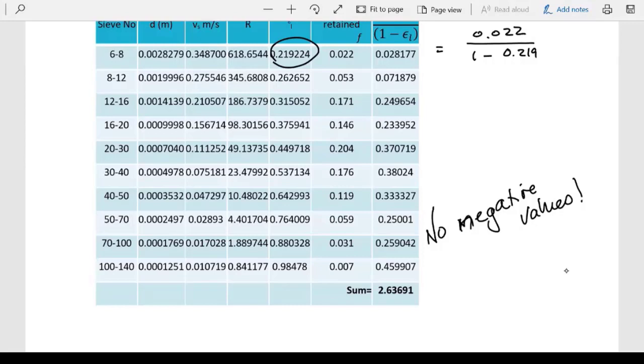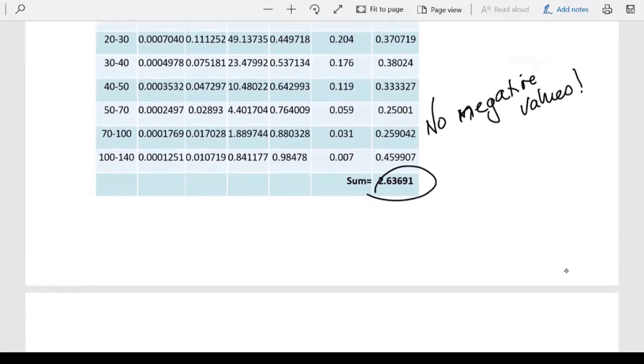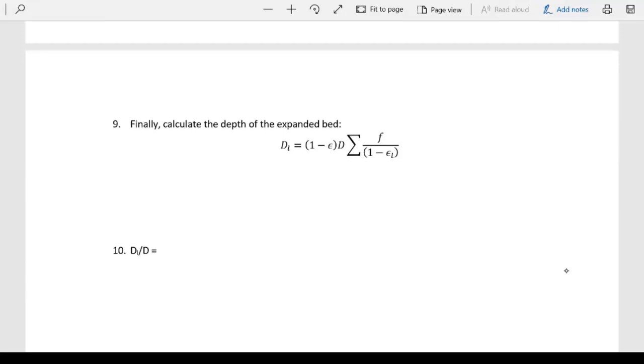If you have a negative value here, you reduce your backwash velocity. So this sum from this column is what we will use. And then finally, we will calculate the depth of the expanded bed. And that is equal to 1 minus 0.45 times the depth of our fixed bed times the summation value from the previous page.